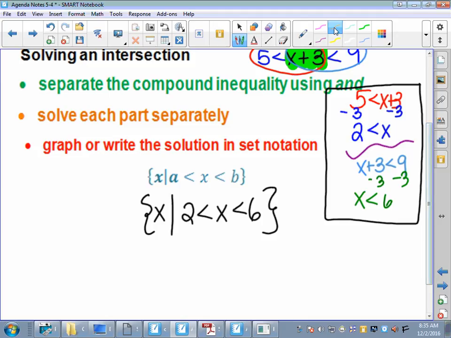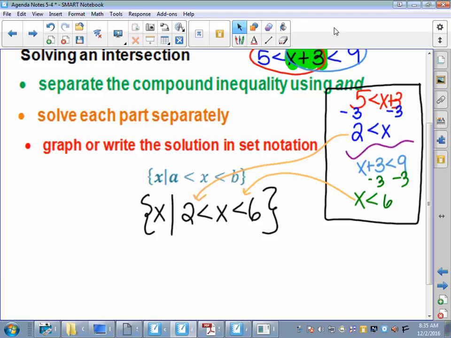So I took this, and I put that back in there. I took this, and I put that back in there. I just overlapped those x's, so I've got myself set notation. That says that this is true only in between 2 and 6. So numbers in between 2 and 6 would be 3, 4, and 5. That's the only time it's true, is when both of those things are true.